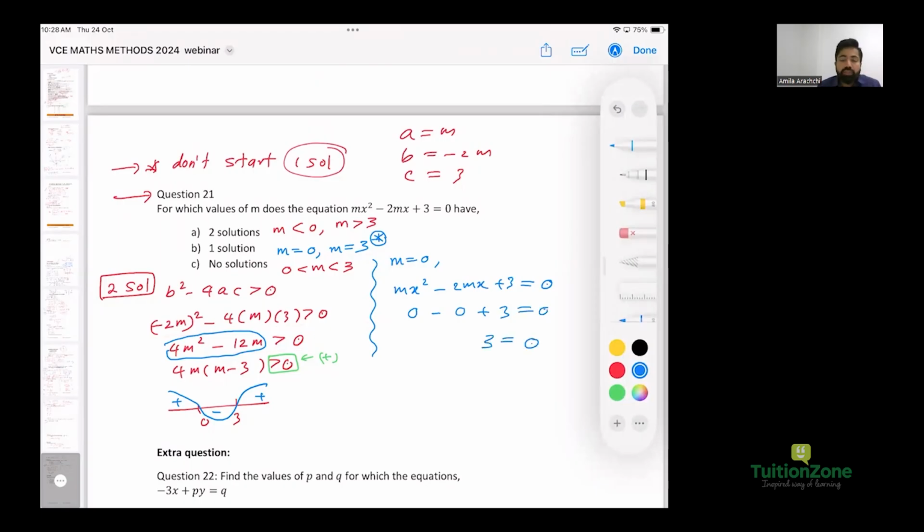Is that true or false? Can 3 be equal to 0? No, really, isn't it? See? This particular answer, which is M equals 0, is not an option.